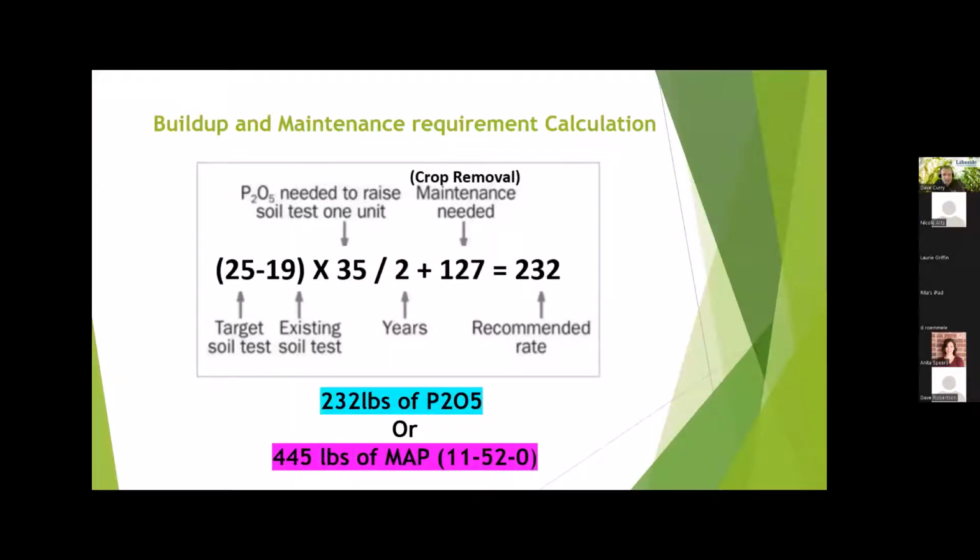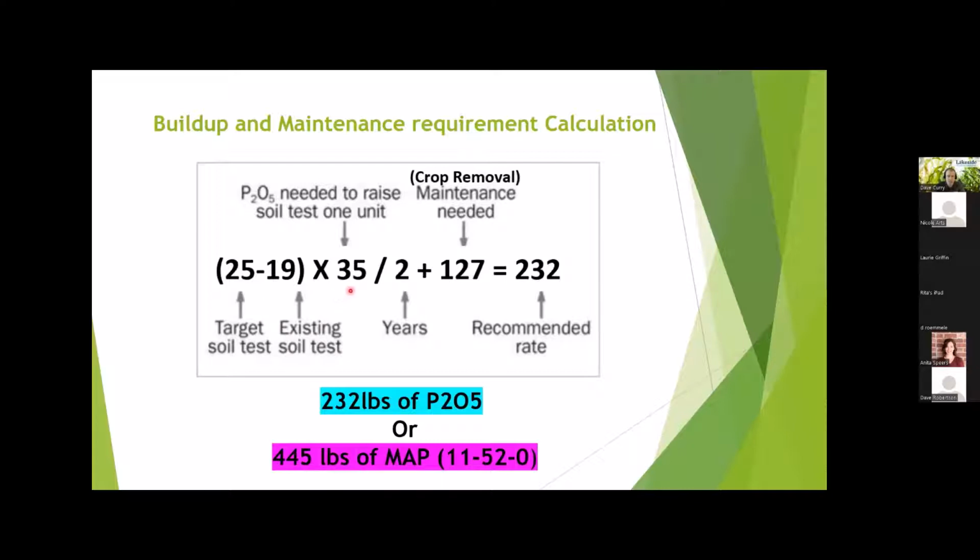So this would be an example of how we would calculate buildup and maintenance. We've got a soil test target of 25 ppm, and I took this off OMAFRA's publication. We're starting at 19 ppm, so that's a difference of 6 points that we need to build.